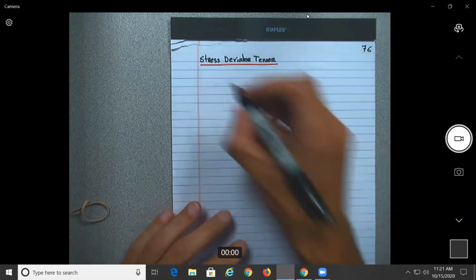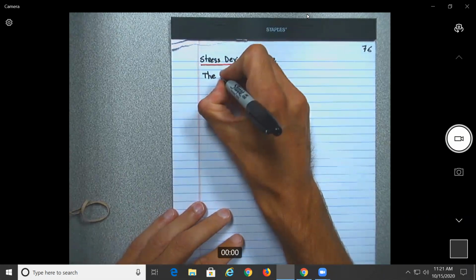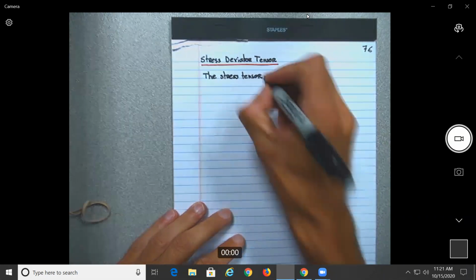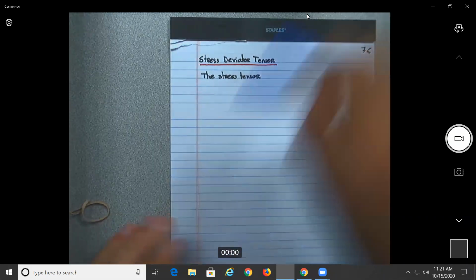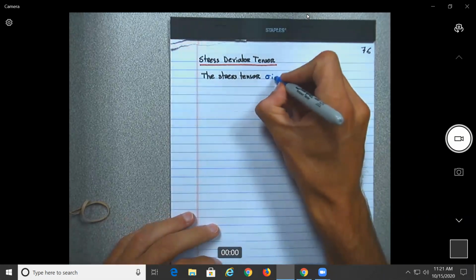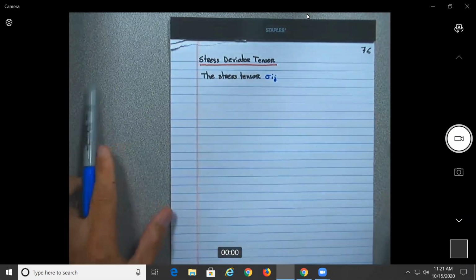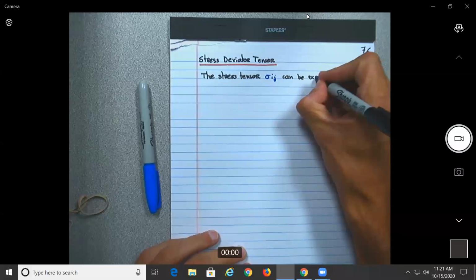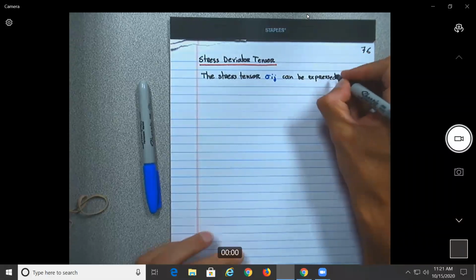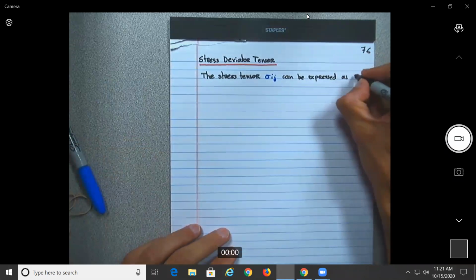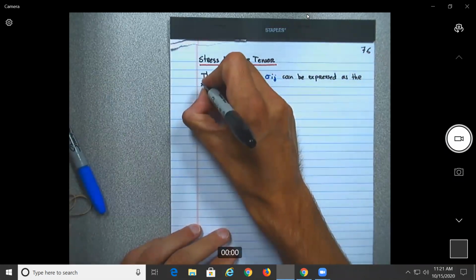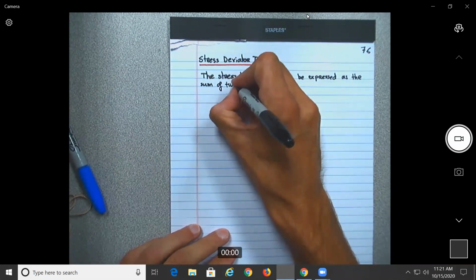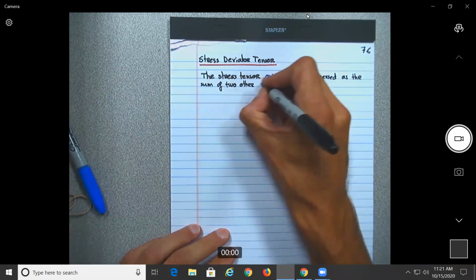Okay, so over here what we say is that the stress tensor sigma ij can be expressed as the sum of two other tensors.